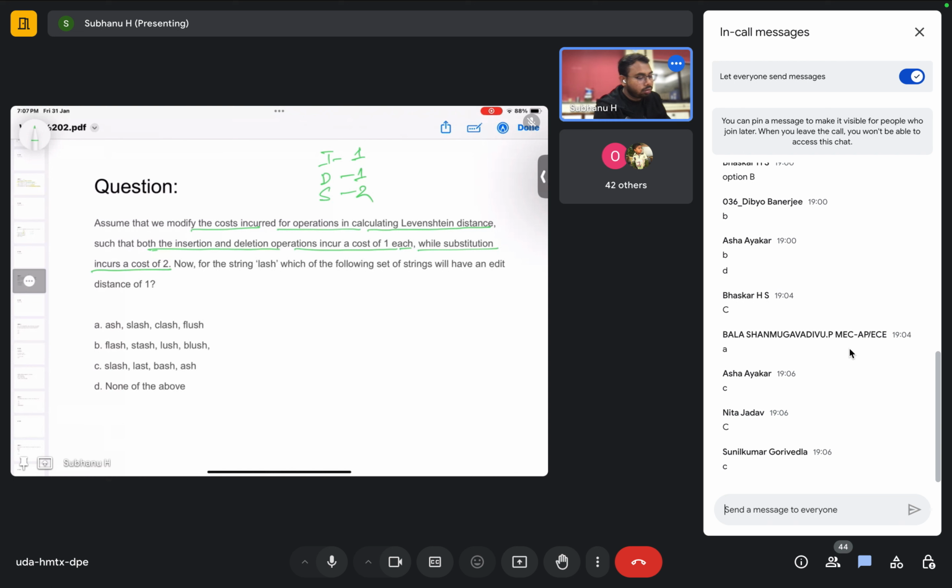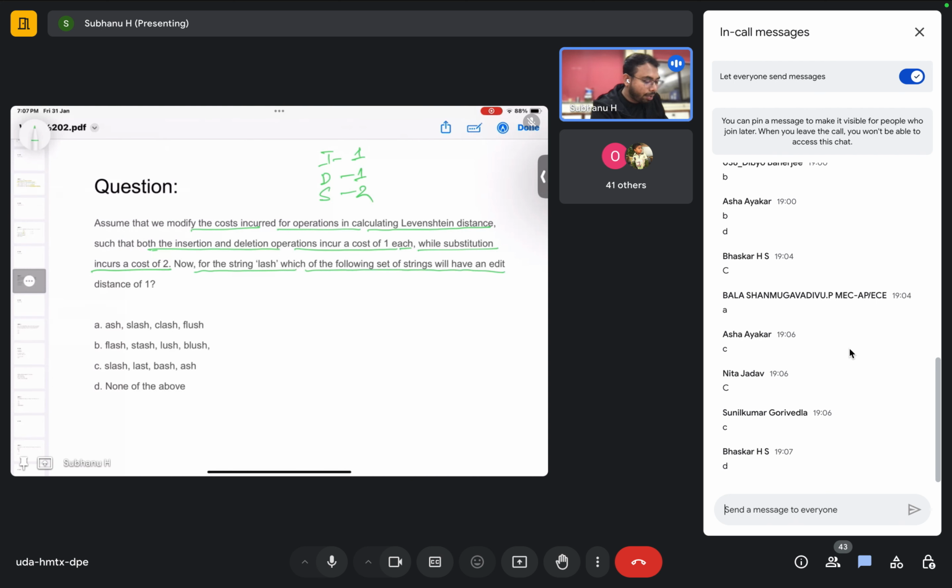This is a kind of weighted edit distance. Now, for the string lash, which of the following sets of strings will have an edit distance of 1? Our given word is L A S H. Among options A, B, C, or D, the edit distance should always be 1, not 2, so you should not use substitution anywhere. Can you give the answer?